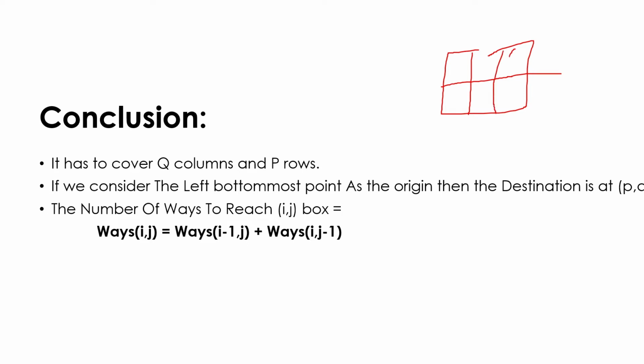If we want to reach there, we can come here either by this or by this. We can't come here from this, because if we come from here, then we are actually crossing this path and then coming here, which I have only considered as one.